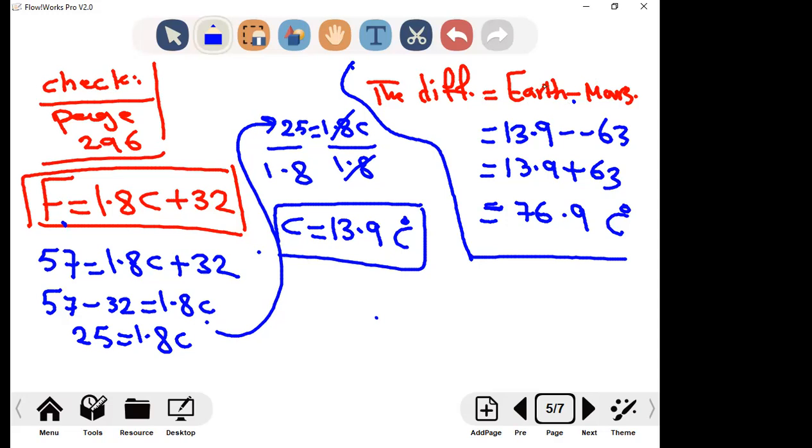The difference is to make subtraction between the two values, right? But the Earth in the table is given in Fahrenheit, so I use the formula, which is also given in the question, to turn from Fahrenheit to Celsius. Then I use my value and subtract and find my answer.